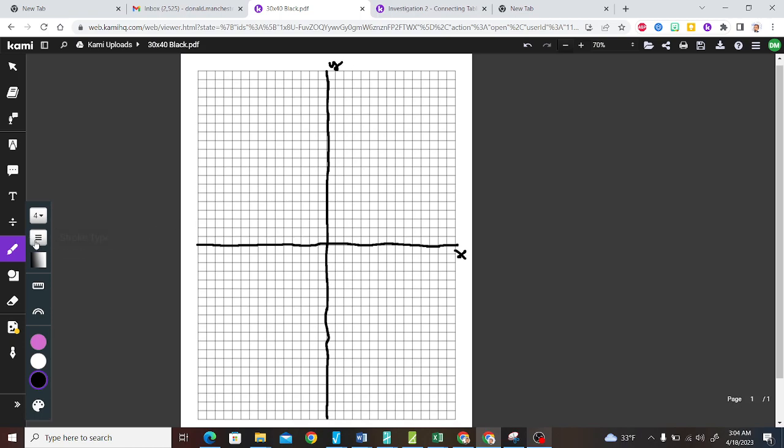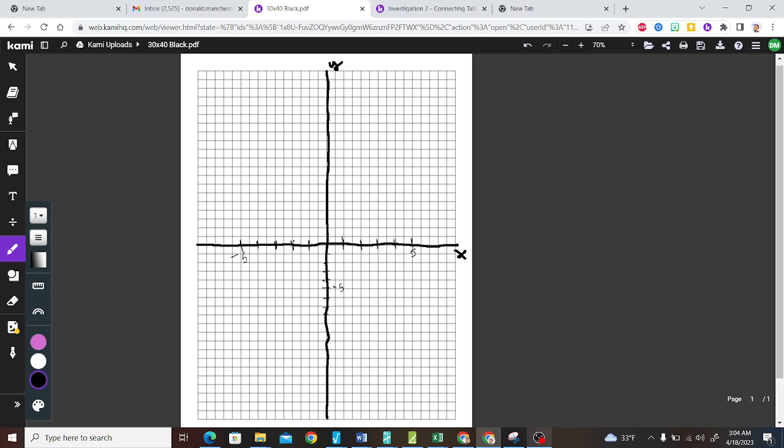Now, from here, here's 1, 2, 3, 4, 5. Here's -1, -2, -3, -4, -5. Then I'm going to go by fives for each of these. So 1, 2, 3, 4, 5, that's -5.